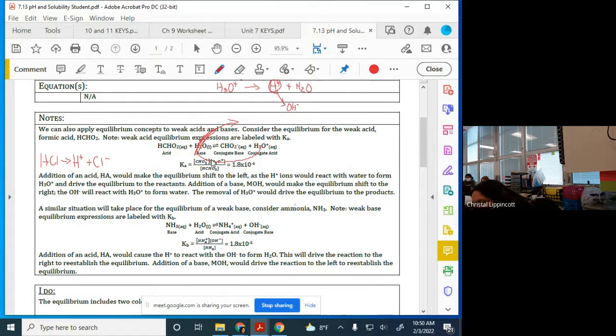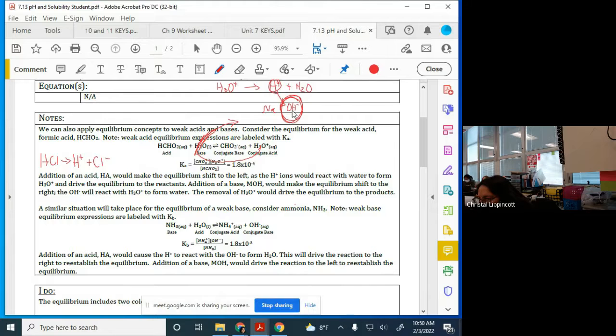What is a base? H3O. No, H3O is an acid. Okay. We're adding in OH. So let's say that we dumped in a bunch of NaOH. That OH from the NaOH is going to cause this guy right here to split.